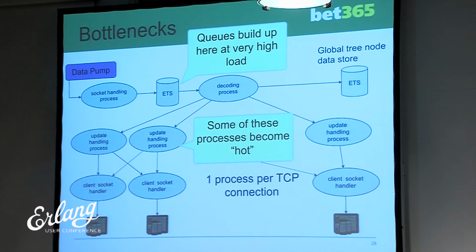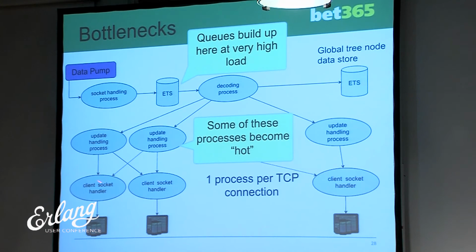And at a higher load, some of these processes actually become quite hot, because they're doing quite a lot. They're handling all the messages coming in, they're maintaining a data tree internally, and each of these client processes could all be subscribing to a single one, saying, actually, I'm interested in that.